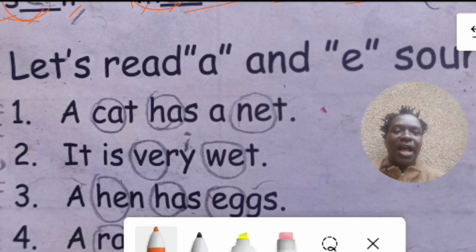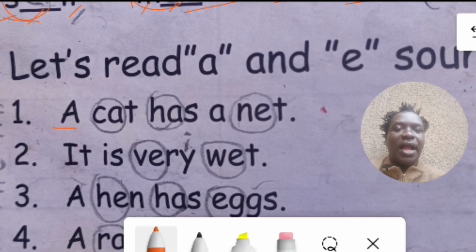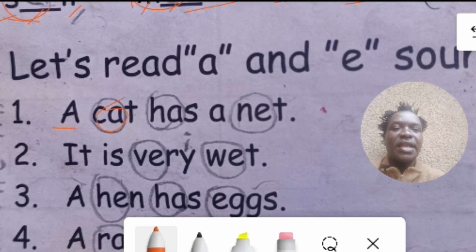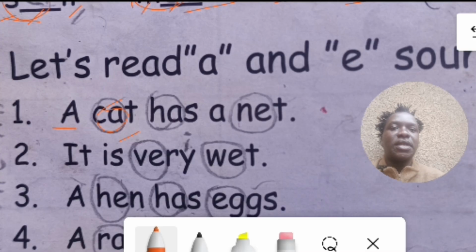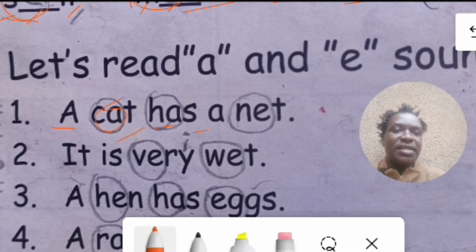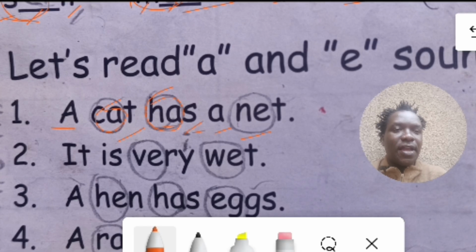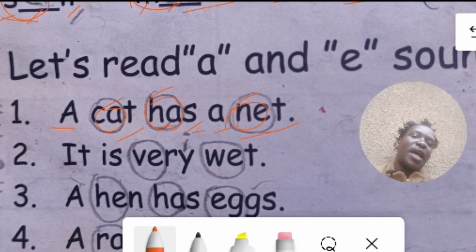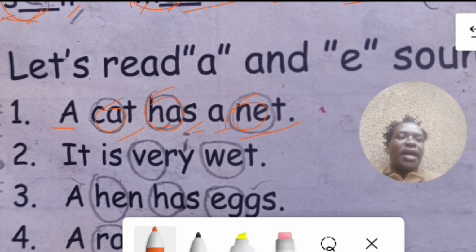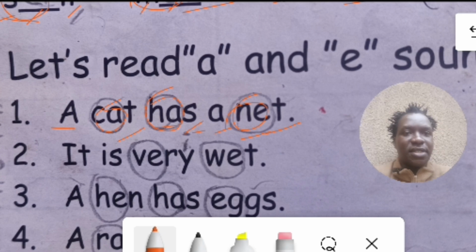We have a, okay, a, ka, this is ka, c, a is ka, with t, cat. Ha, a net. Okay, this one is ha, and this is s, has. And then here we have ne with t, becomes a net. Okay, a cat has a net.